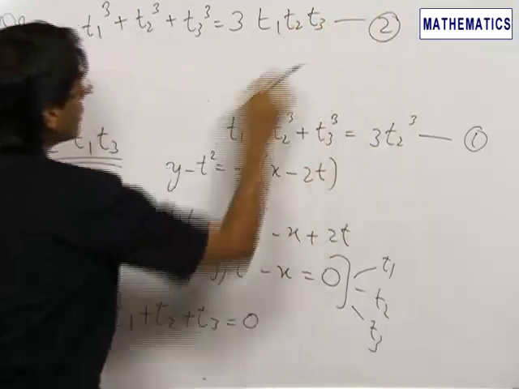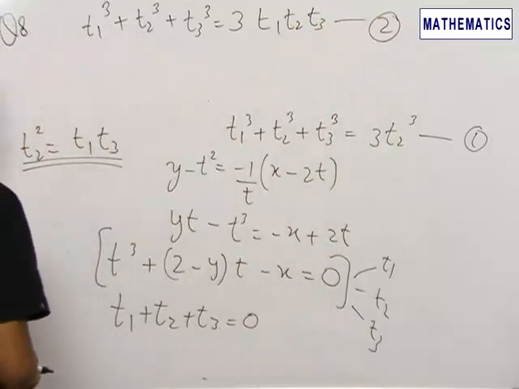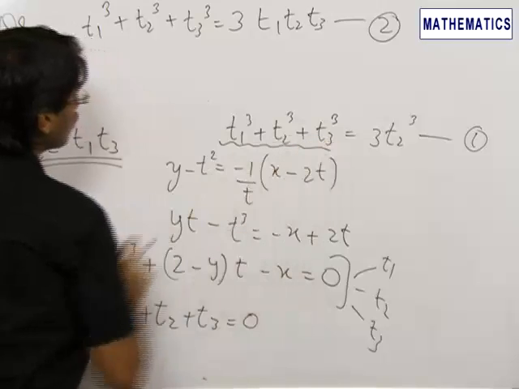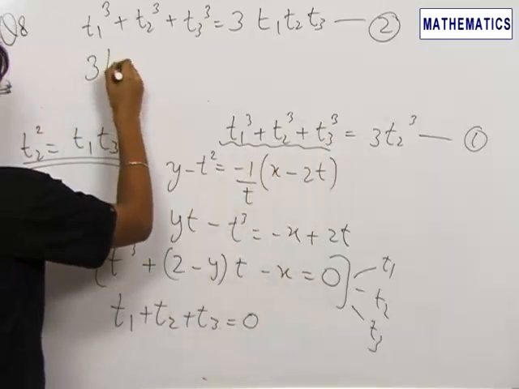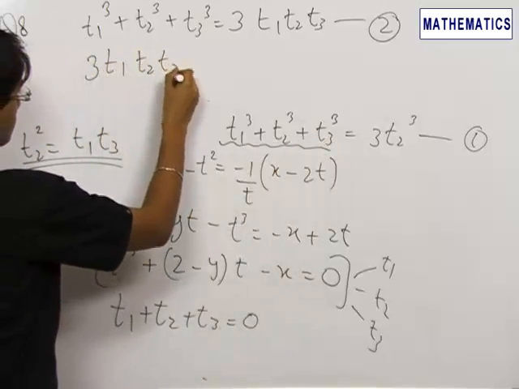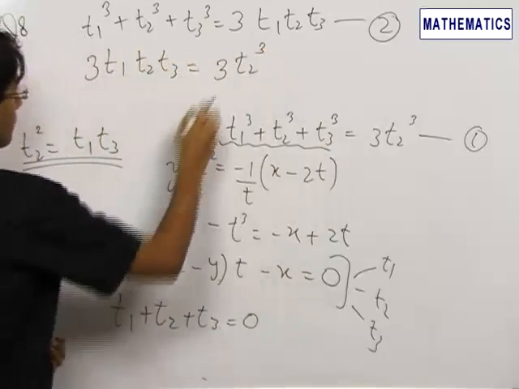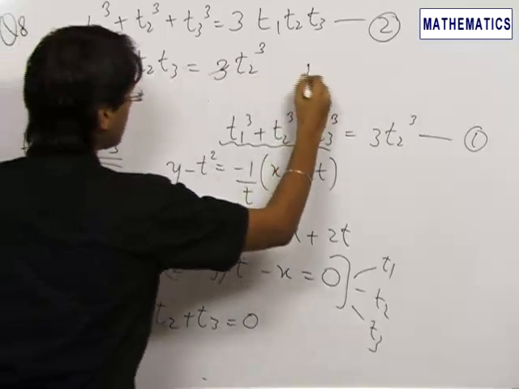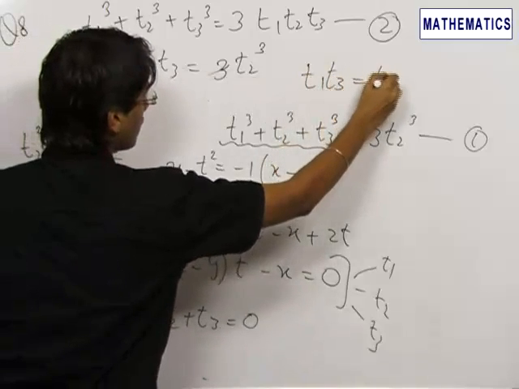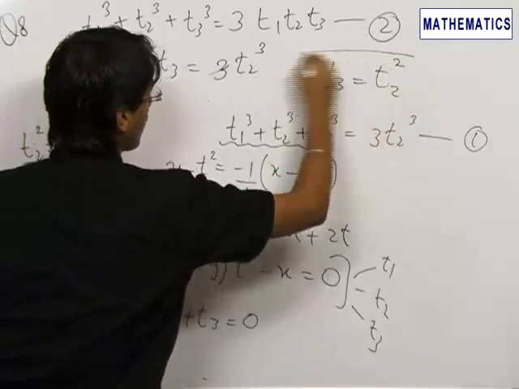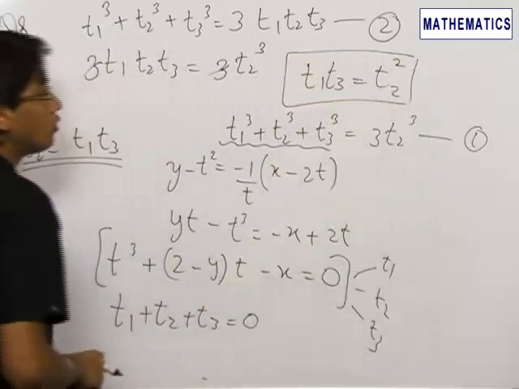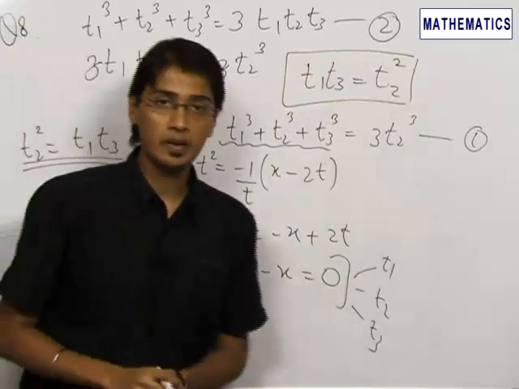On comparing the first and the second equation, on equating the values of t1 cube plus t2 cube plus t3 cube, we get 3t1 t2 t3 is equal to 3t2 cube. That is t1 t3 is equal to t2 square, and hence t1, t2, t3 are in GP.